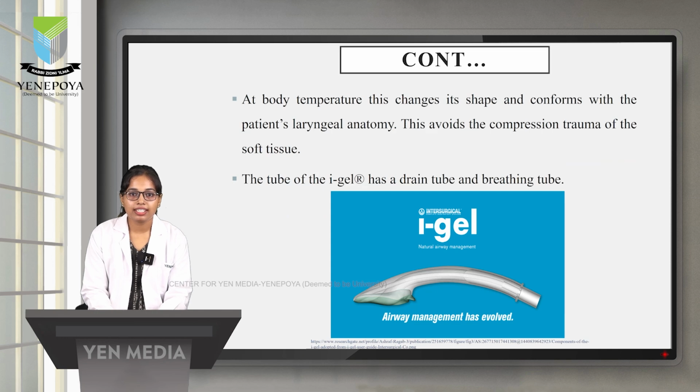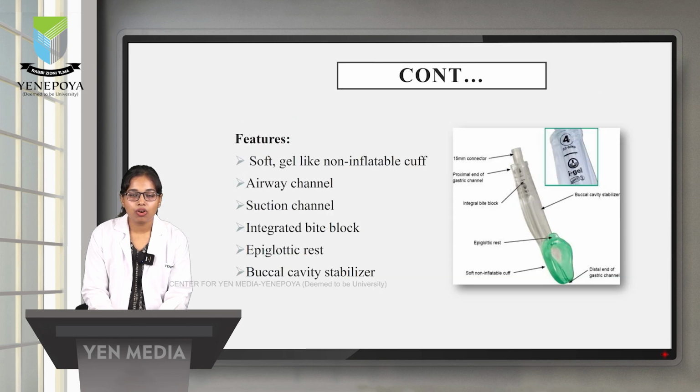The tube of the i-gel has a drain tube and a breathing tube. And the features of the i-gel are a soft, gel-like non-inflatable cuff, airway channel, suction channel, integrated bite block, epiglottic rest, and buccal cavity stabilizer.